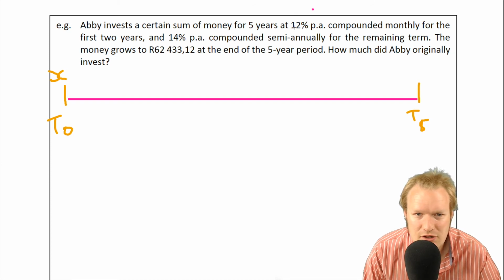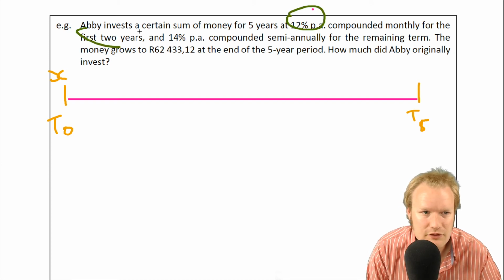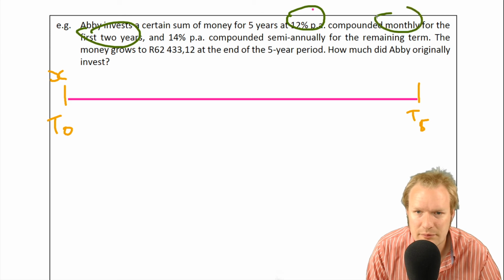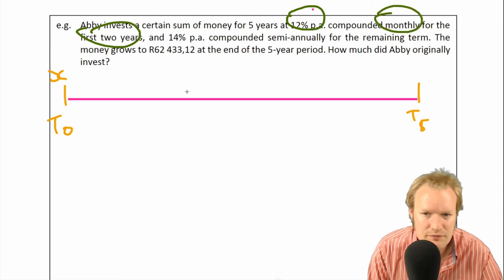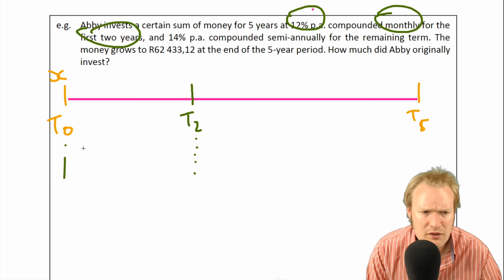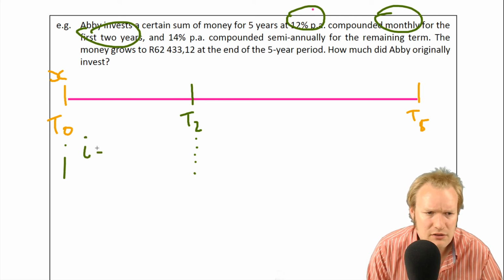We've got 12% per annum for the first 2 years compounded monthly. So here at T2, we've been drawing our dotted lines here and saying, well, our interest rate is 12% per annum compounded monthly.